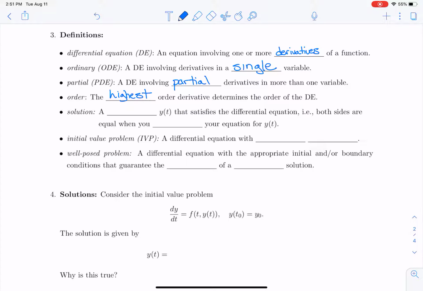Now, the solution to a differential equation, as we saw with that first example, is not a number, it's actually a function. The solution is going to be a function, y of t, that satisfies the differential equation. That means both sides are equal when you substitute your equation for y of t.